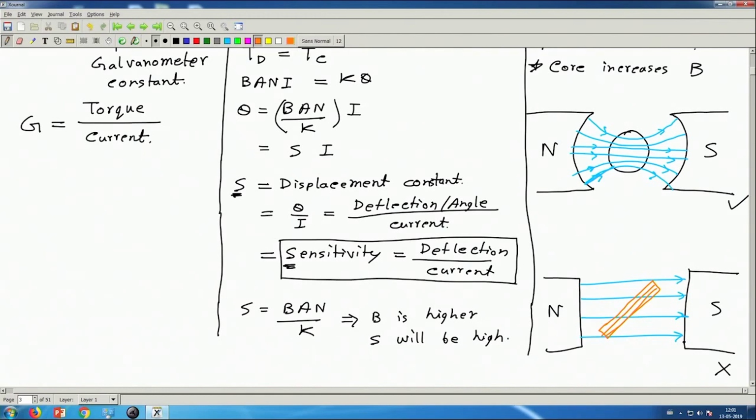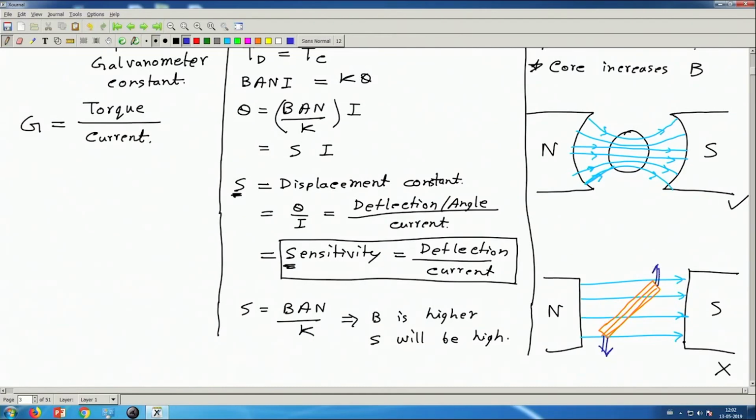Okay. Now, when it carries any current, it will have some force acting on the two sides, and the direction of the force will always be perpendicular to the direction of the flux lines and the current.